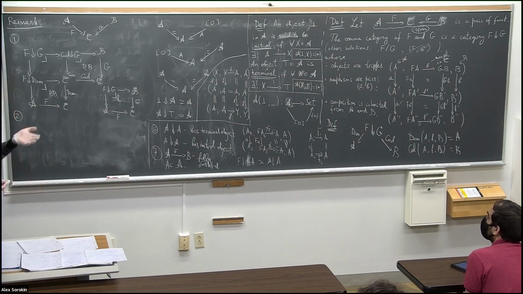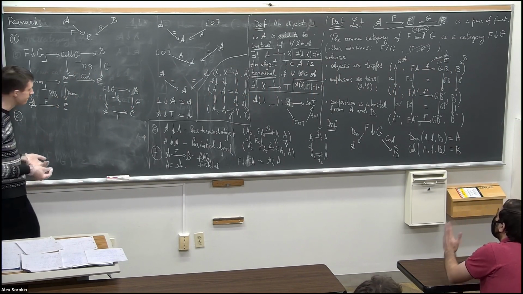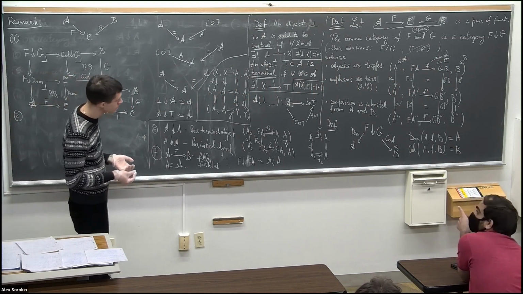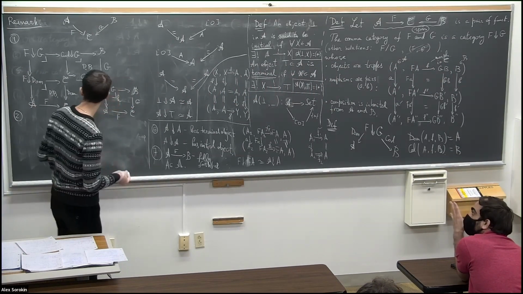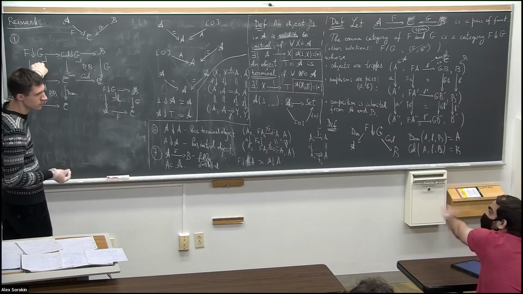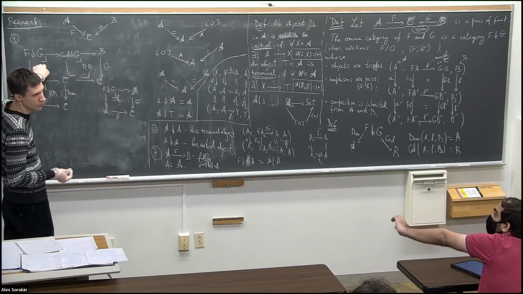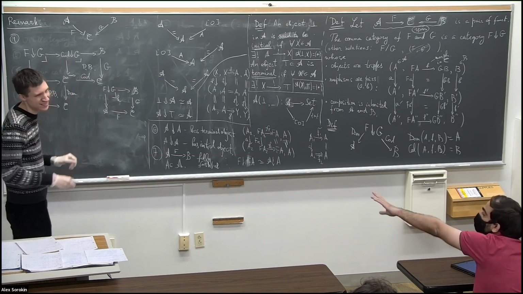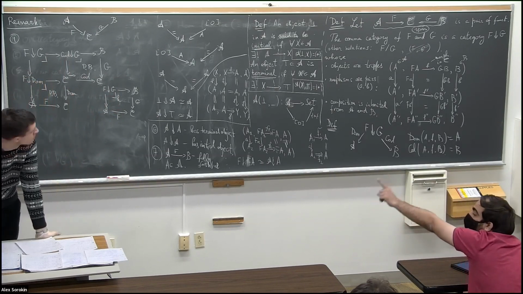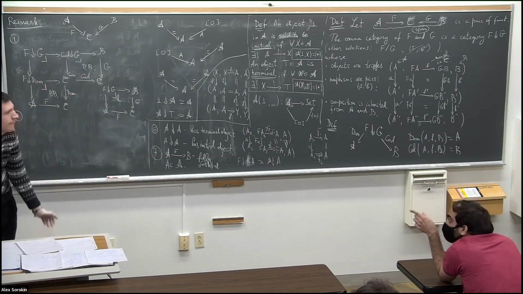So sorry, do you mean to say that the comma category actually is the pullback? It satisfies the universal property of the pullback in all cases, like in a category of small or big categories? No, as in when you constructed those two pullback squares, you used the arrow category.